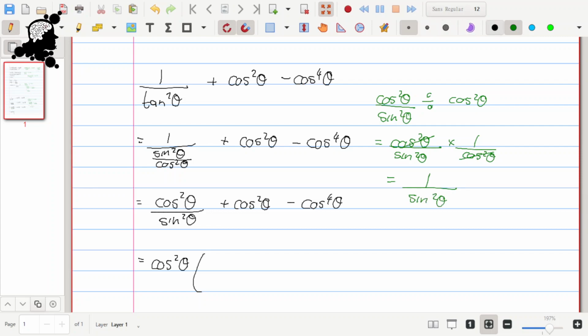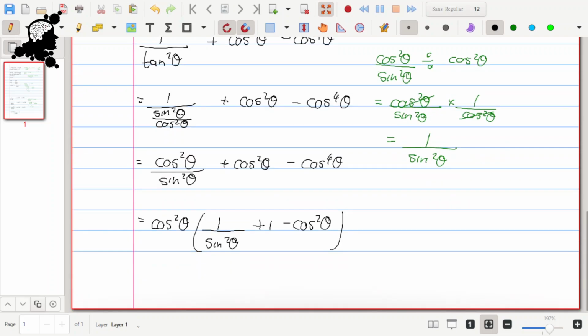So the first term we're going to have in our bracket will be 1 over sine squared theta. Then cos squared theta divided by my common factor will just give me positive 1. Cos to the power of 4 theta divided by cos squared theta gives me minus cos squared theta.